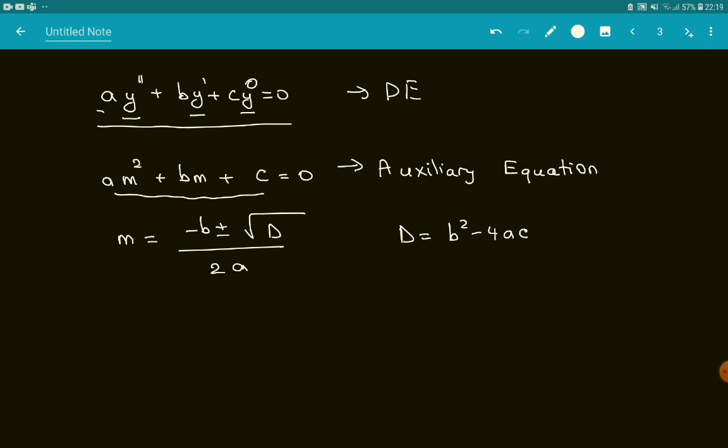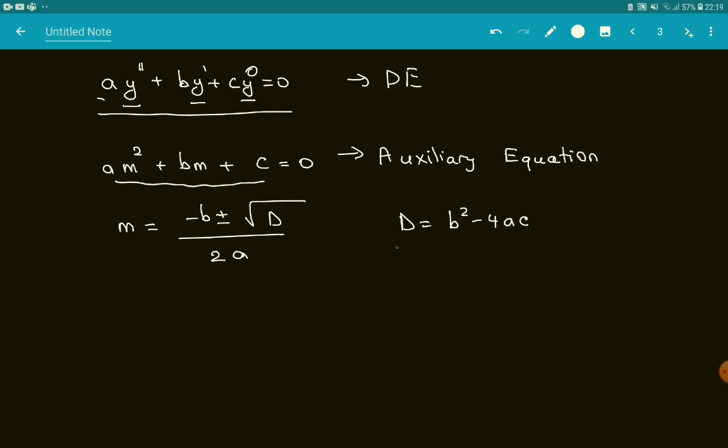So let's do it. First we need to check the discriminant. There can be three cases. In case 1, if the discriminant is bigger than 0, it means that we will have two real roots, m1 and m2, and they will not be equal to each other.